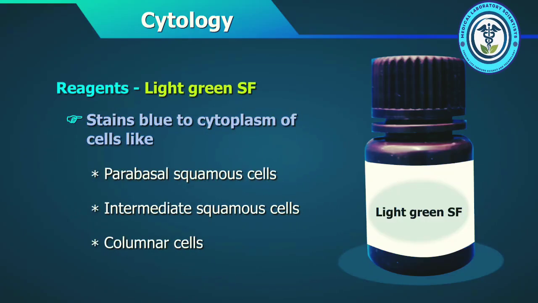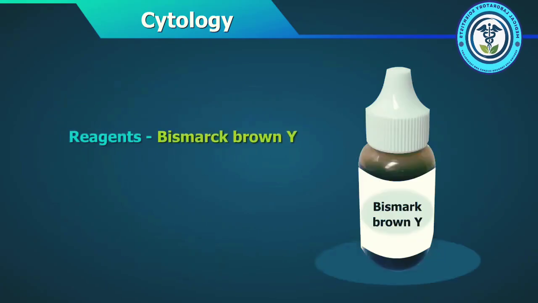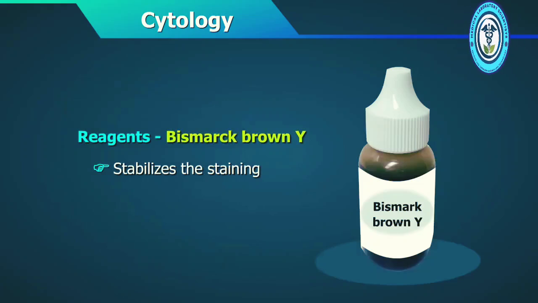Light green SF stains blue the cytoplasm of metabolically active cells like parabasal squamous cells, intermediate squamous cells, and columnar cells. Bismarck brown Y stains nothing but stabilizes the staining.